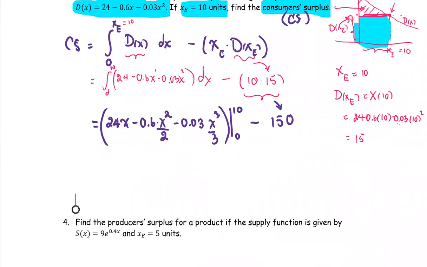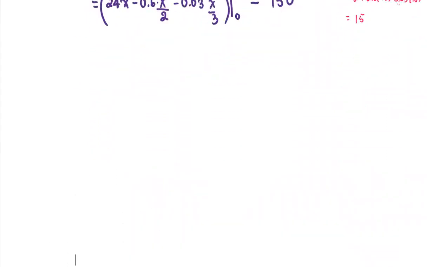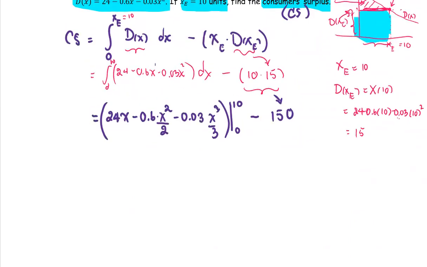What we have to do next is clean up. I would recommend you simplify before you do the evaluation. So it's going to be 24x minus 0.3x squared, because in the middle term 0.6 divided by 2 becomes 0.3, and the third term becomes 0.01 times x to the third.